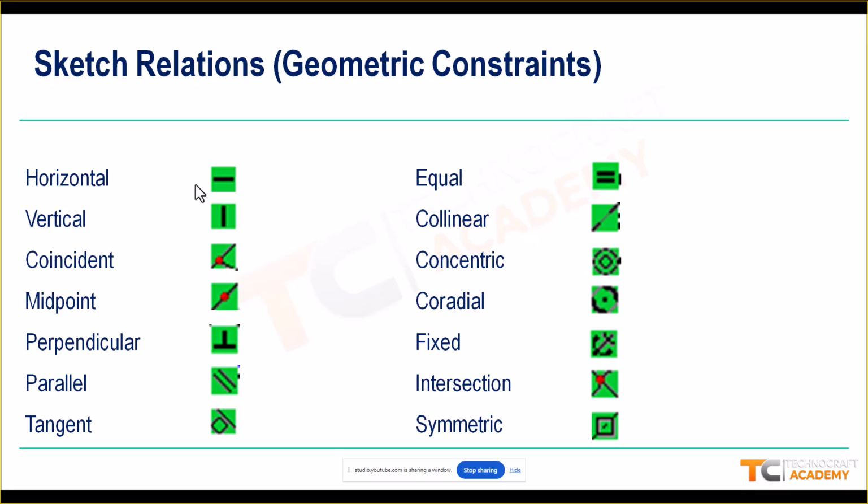Next one is the midpoint. Similarly, perpendicular, parallel, concentric, equal, collinear, coradial, fixed, intersection, and symmetric. So these are all the geometrical constraints.